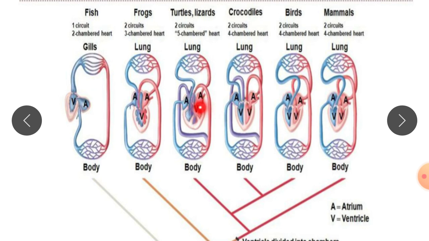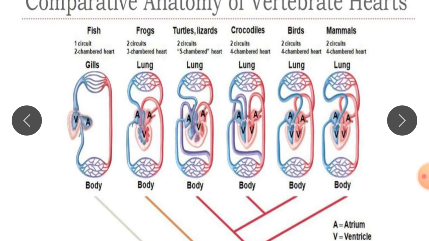These two are mixed up, and that is supplied to the body. So here in reptiles, this blood is directly opening here. This one, the oxygenated blood, is also opening here.